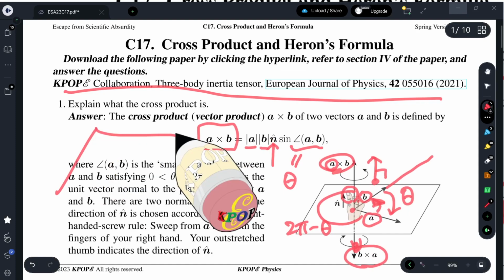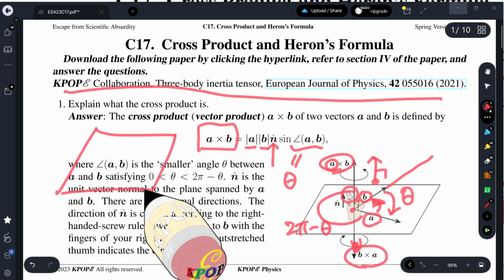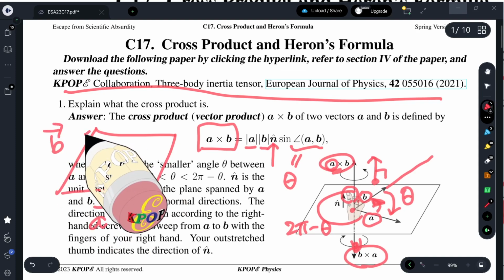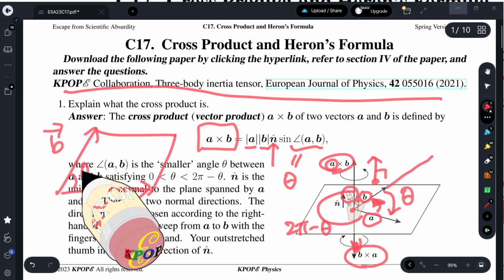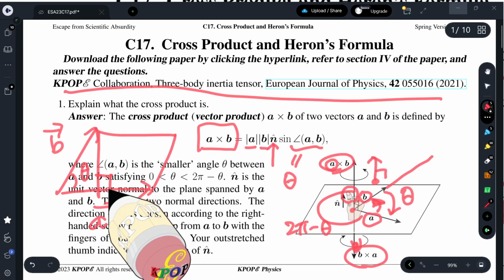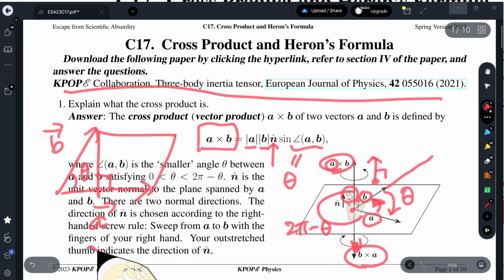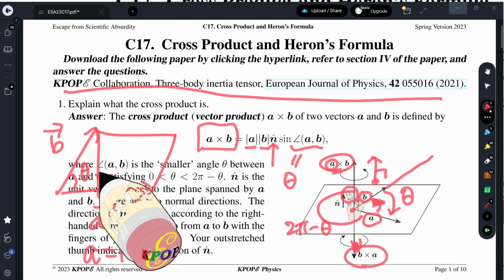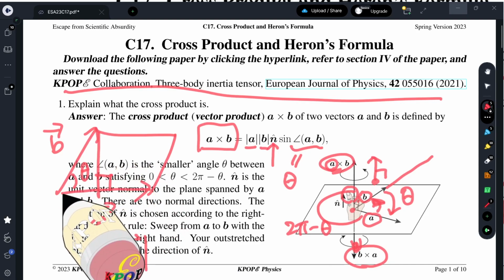You can draw a parallelogram spanned by the A vector and the B vector. We have angle theta, a right angle here. The magnitude of the A vector is the base of this parallelogram, and this is the height of this parallelogram.